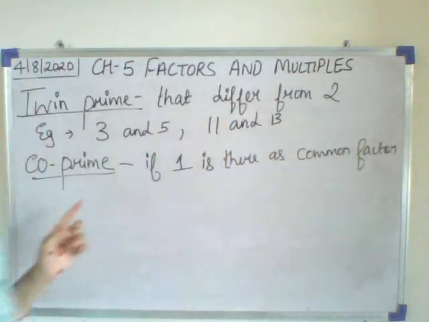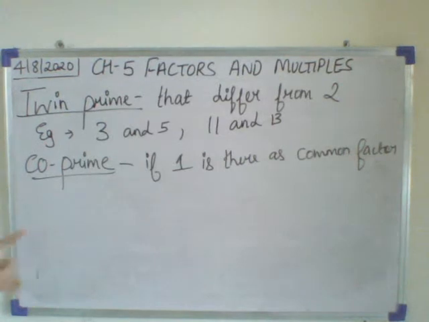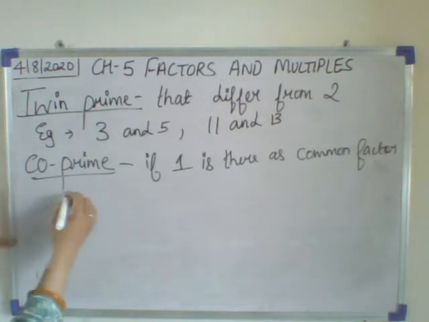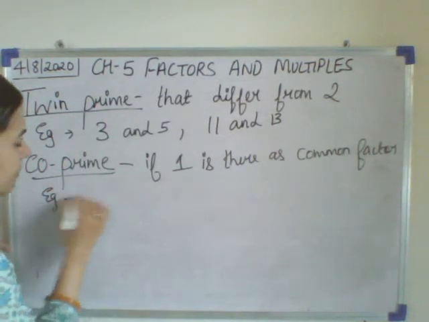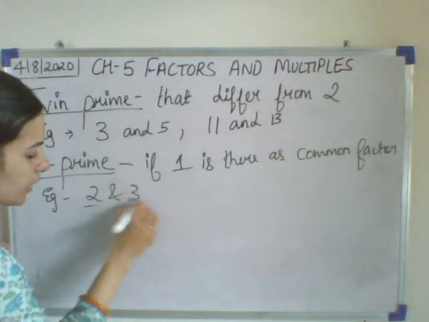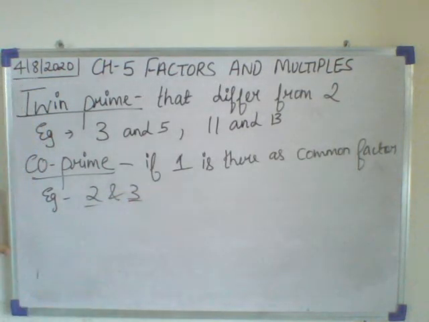For example, 2 and 3. Here the only common factor is 1, so they are called co-primes.